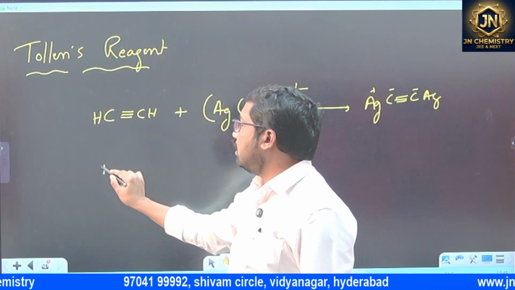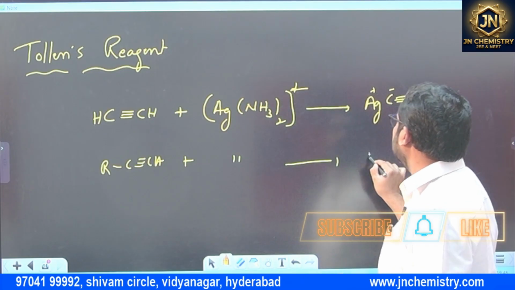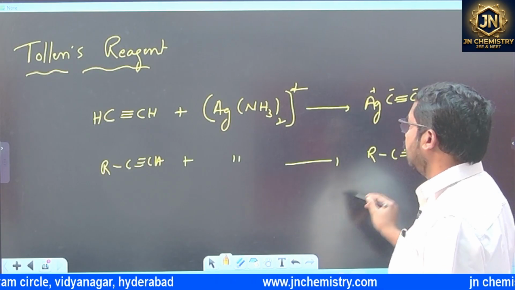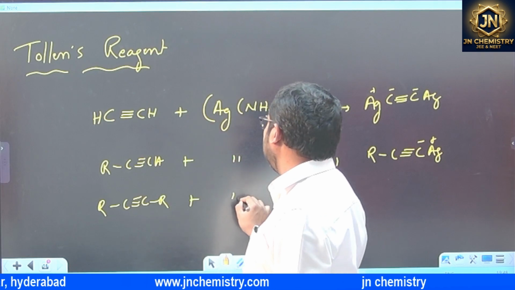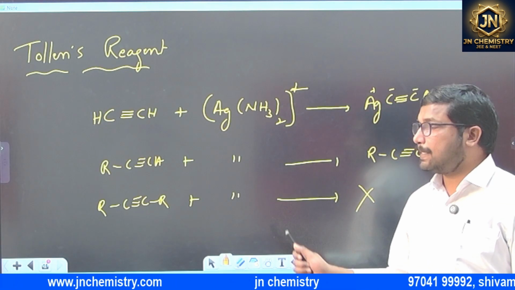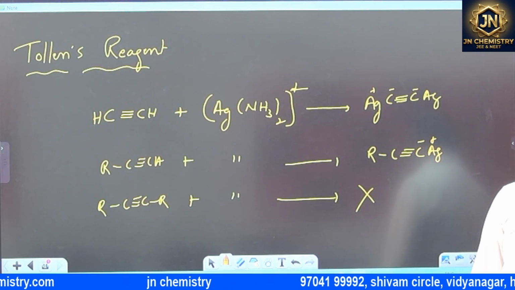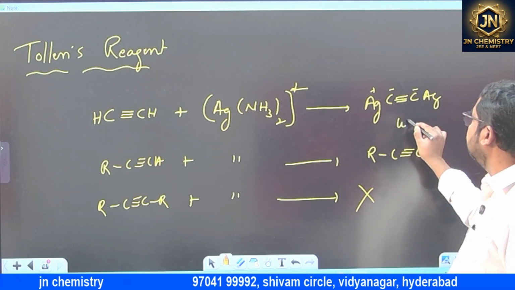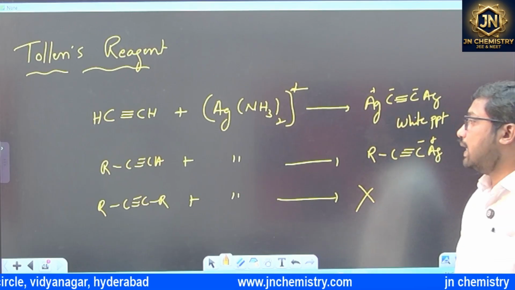For example, R C triple bond CH, same. What exactly happened? R C triple bond C Ag. For example, R C triple bond R, in this case no reaction. Why? No acidic hydrogen. Write it down. Good. This is like a white precipitate. White precipitate is formed.